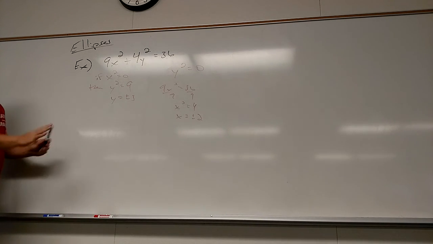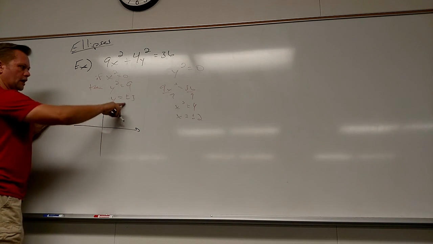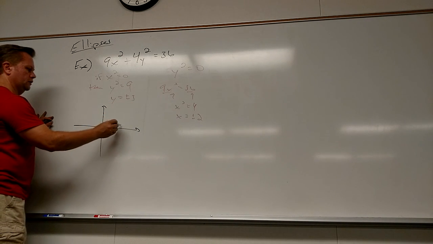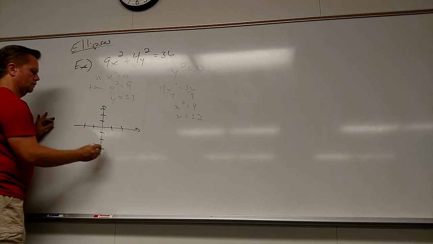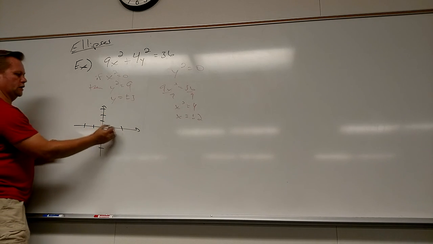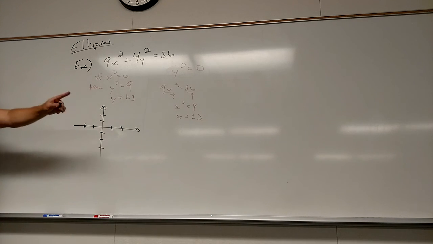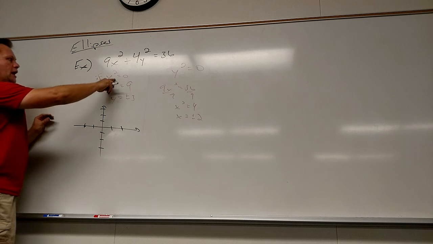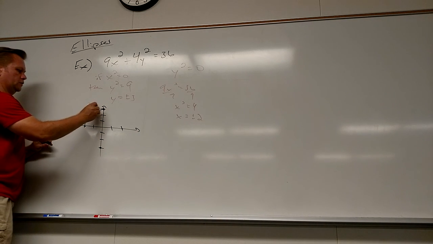This is almost too nice to believe, but I've just found the most important points here. So on the x, it goes up to 2 and down to negative 2 when y is 0. And when x is 0, it goes up to 3 and down to negative 3. So there's my ellipse.